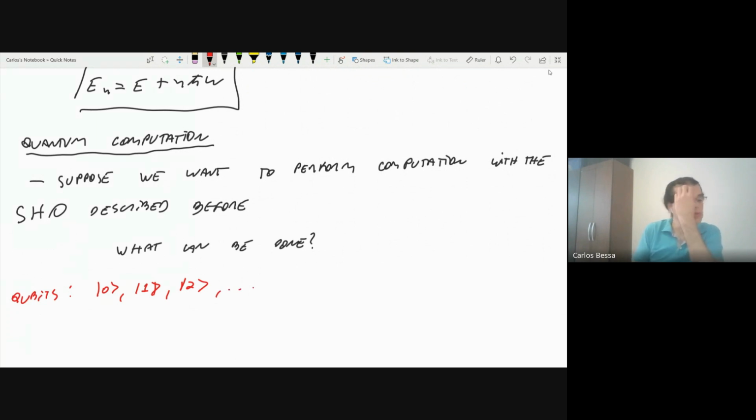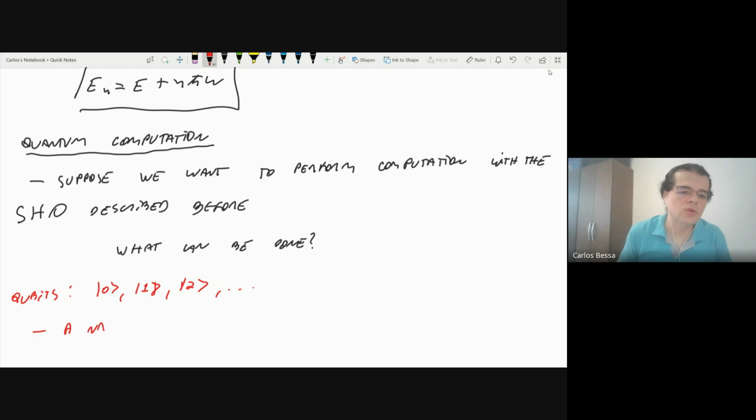But we also need to perform unitary operations. And one example that you can use here is using the C0 gate. So let's write these things in.